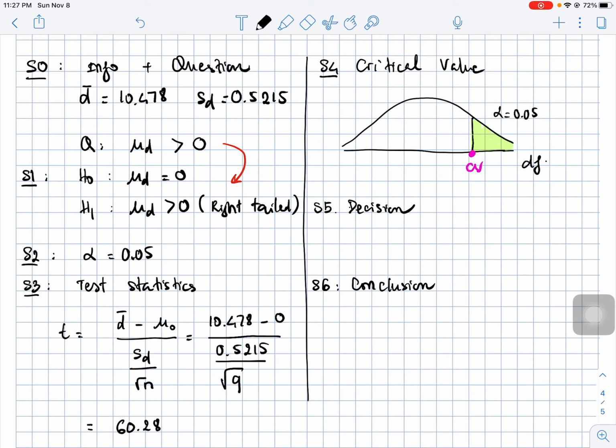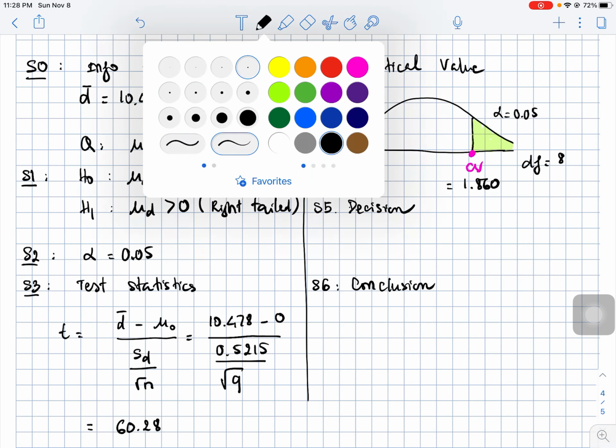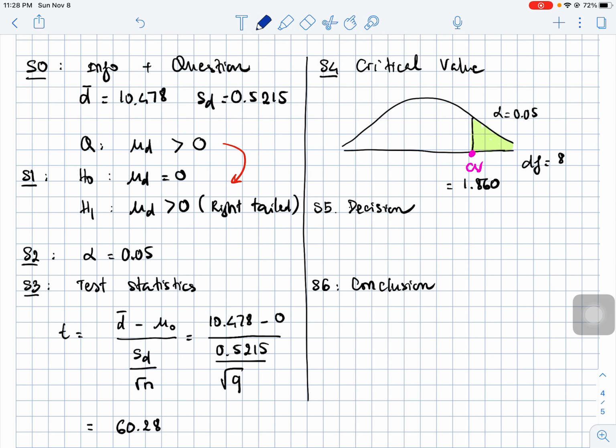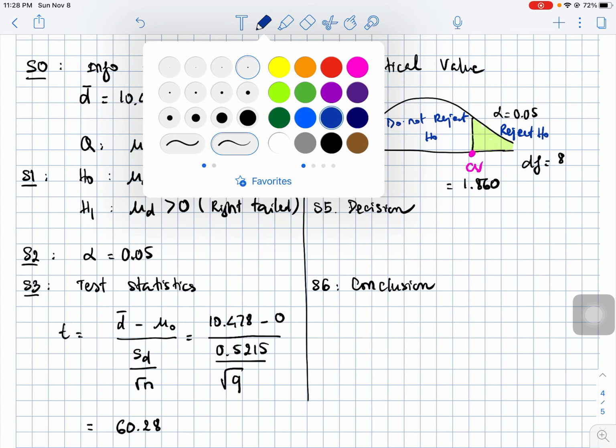We look at the degree of freedom, which is 8, and 0.05, and you will get 1.860. And we also need to write down the name for the regions. The shaded region is reject the null, and the blank region is do not reject the null.